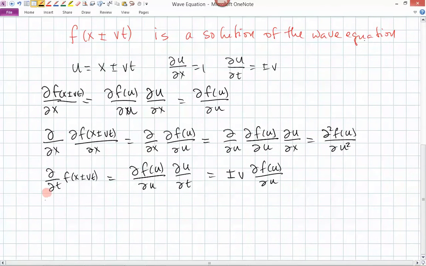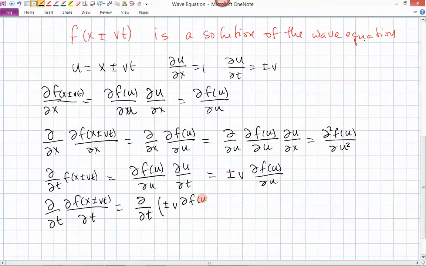So now we're going to work out the second derivative, which is partial with respect to t of partial of f with respect to t, and that is equal to partial with respect to t of plus or minus v partial f of u with respect to u.